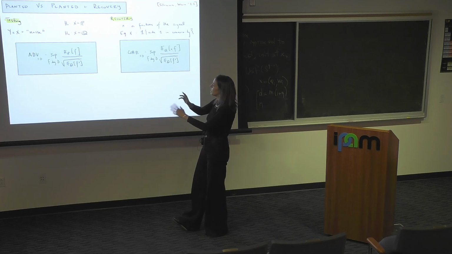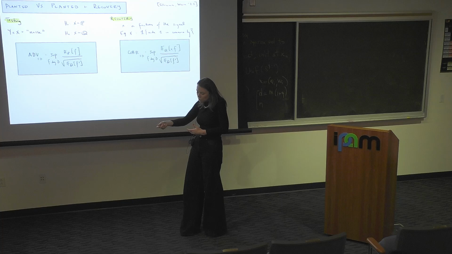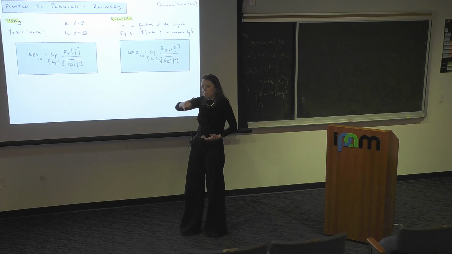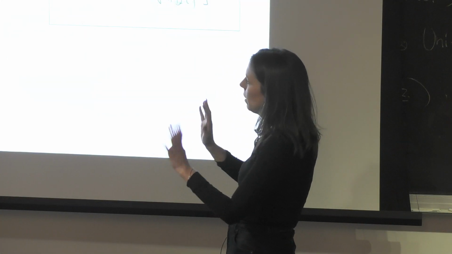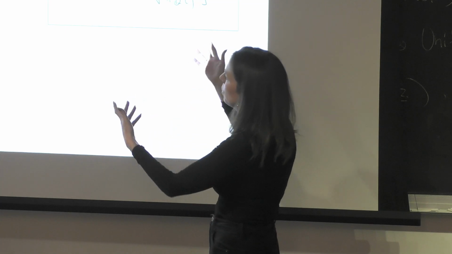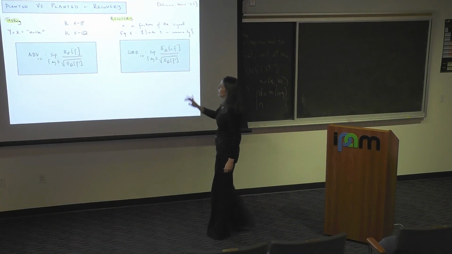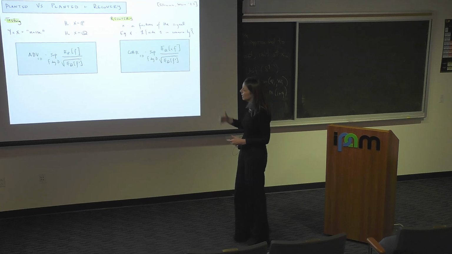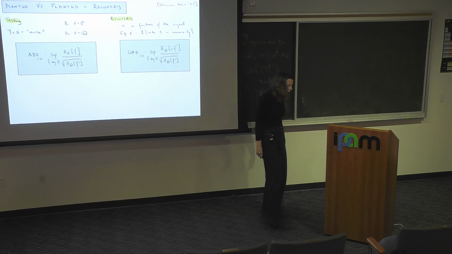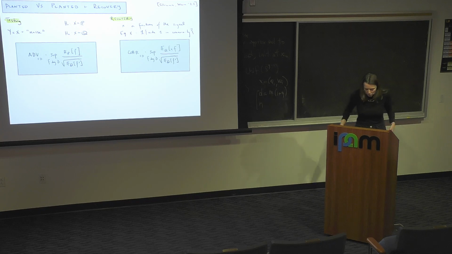So what we showed here is that if you look at recovery versus detection, so just planted versus null, these are two different kinds of hardness, but using this counting framework, you get the exact same hardness. And it turns out that I think this can be explored more generally. This is not in the paper. This is something we've been thinking about since then. But I think it's a cool idea.